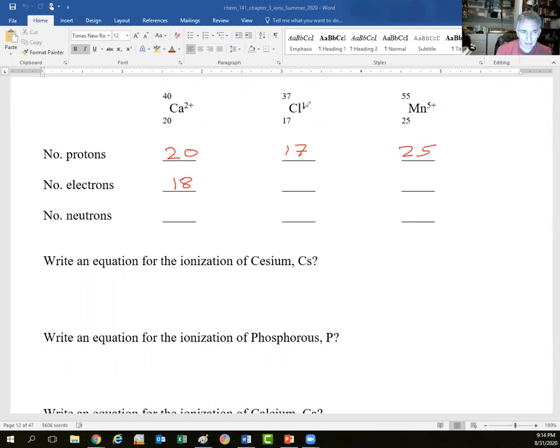Charge of minus 1, that's a surplus of electrons, so we're 1 more and up to 18 electrons again. And then for the plus 5, minus 5 electrons from the 25 we started with, so just 20. And the number of neutrons, as we did in the last chapter, mass number minus the atomic number gives the number of neutrons, so 20, 20, and then 30.